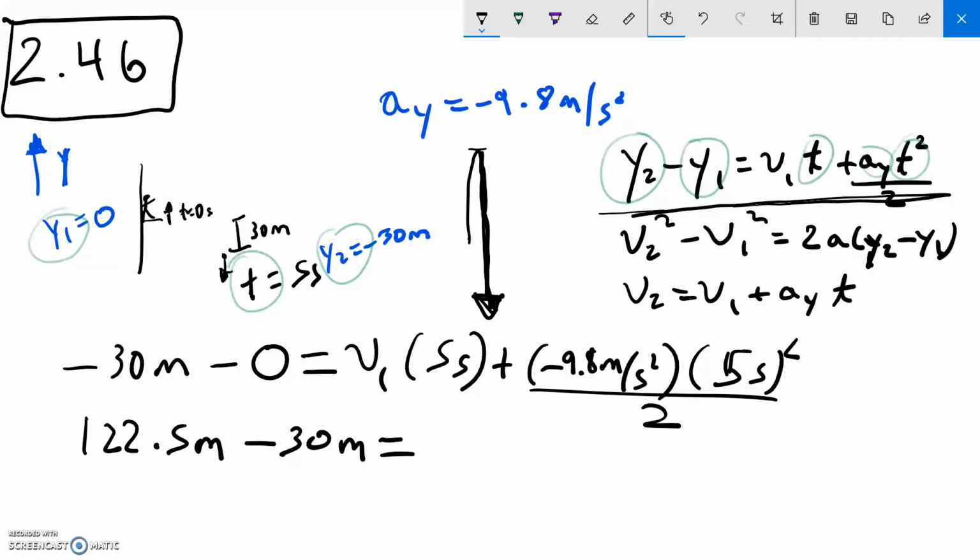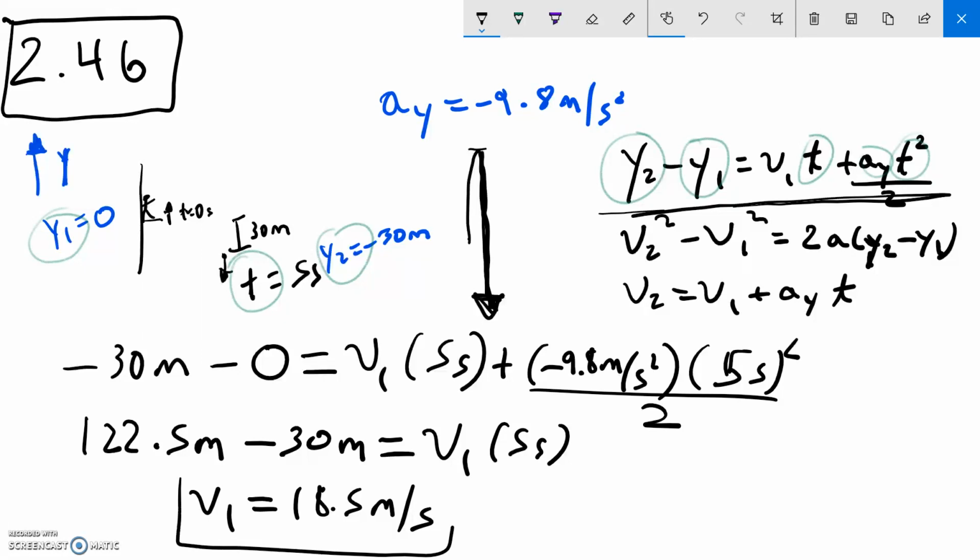This tells you that 122.5 minus 30 meters is equal to V1 times 5 seconds. Solve for V1 and you get 18.5 meters per second. All right, pause the video. You need to work on the algebra there. And of course, it should be a positive number since it should have been thrown straight up.